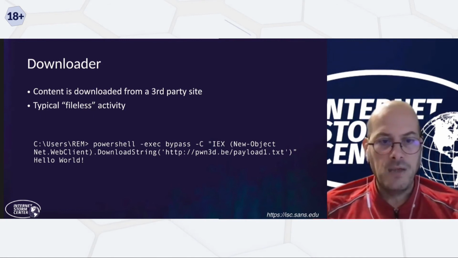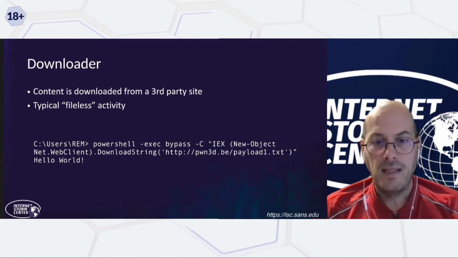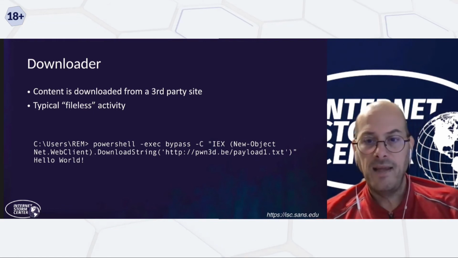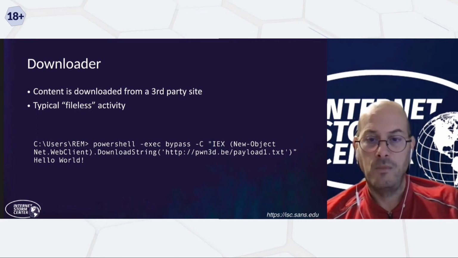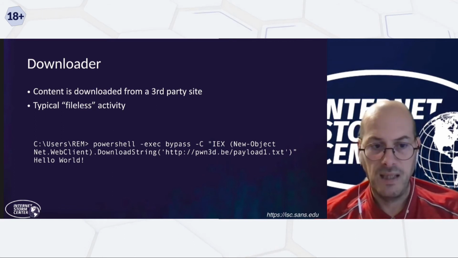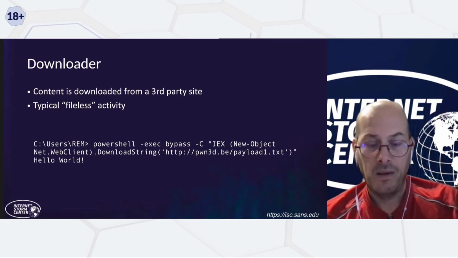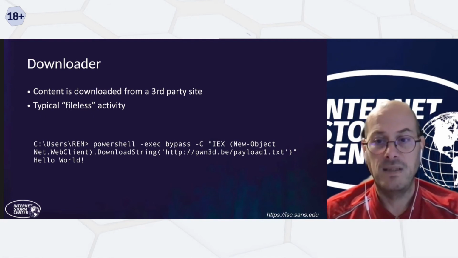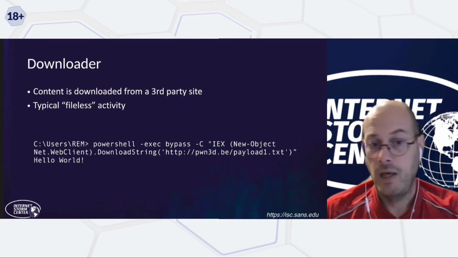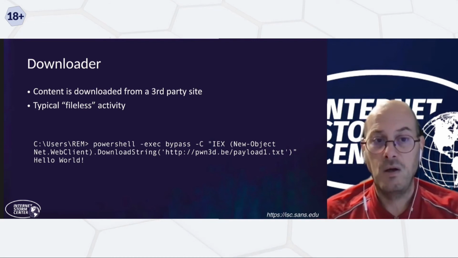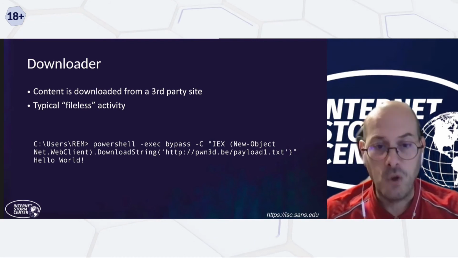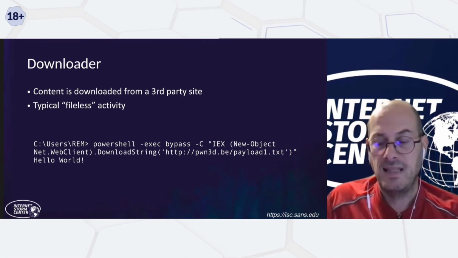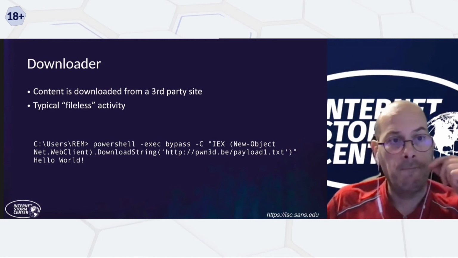So by doing the command that you see on the bottom of the slides, you have the IEX, you do a download string, and everything that is downloaded from pound.be/payload1.txt is some kind of PowerShell code that will be executed, and the content of this payload is just echo hello world. This is typical for fileless activity. So we don't write malicious code on the file system. It's just downloaded and executed automatically by PowerShell.